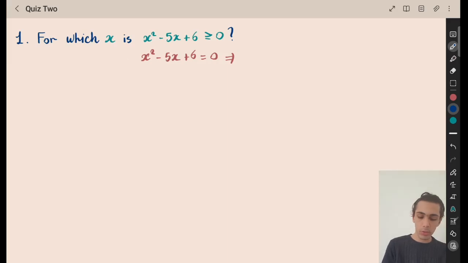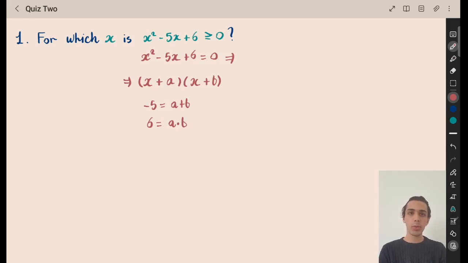So if this has a coefficient of 1, then you can factor it as x plus, let's say a, and x plus b. And you would know that minus 5 is going to be the sum, and 6 is going to be the product. So do you know any two numbers for which this is true?